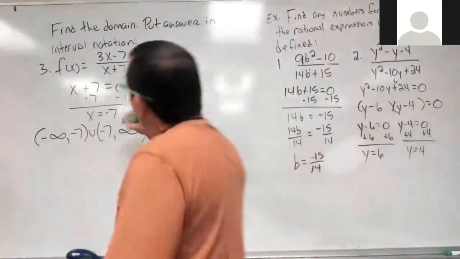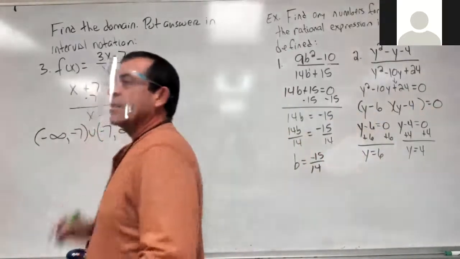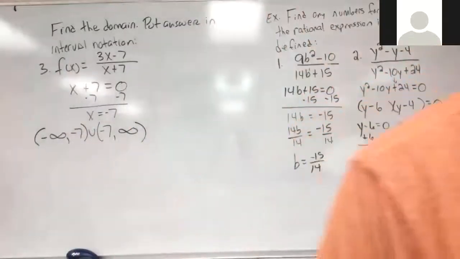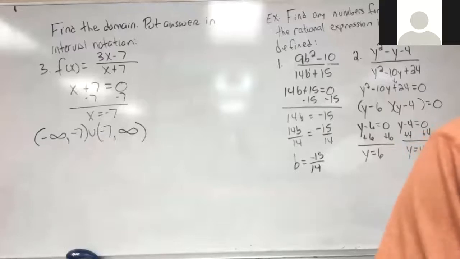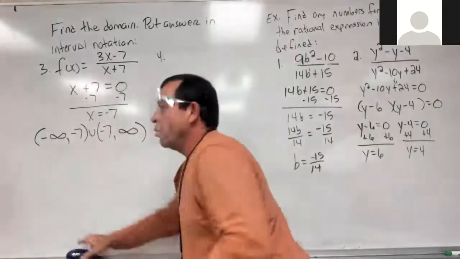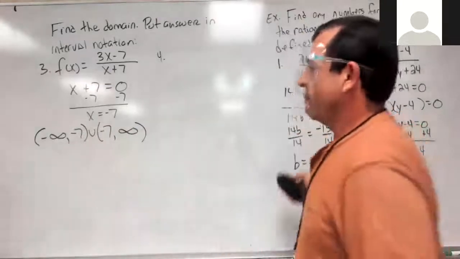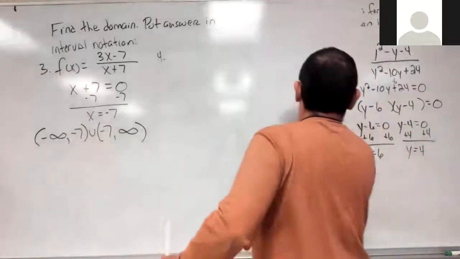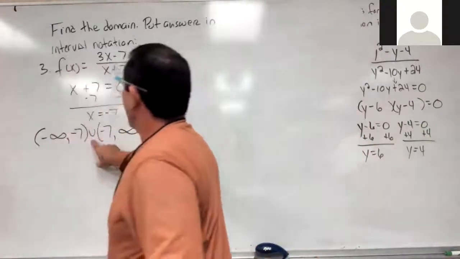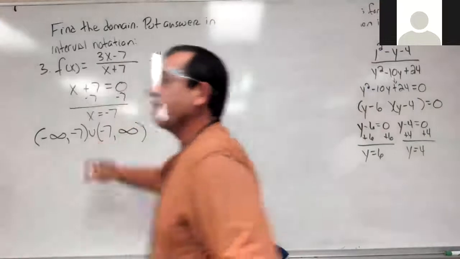And if you remember, curvy parentheses means the numbers are not included. So the only thing we'll do on these is change up those, if that's a union, and it basically means and.